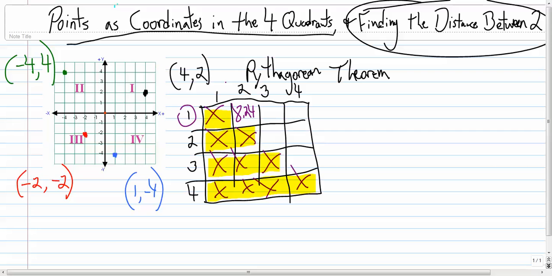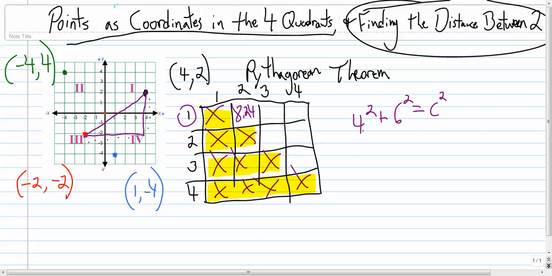Alright, so in order, let's take a look at these. Let's do this one right here first, between the first quadrant number, our point here, and the third, so these two. So we're going to have a triangle that looks like this. The 2 short sides of that triangle, this one is going to be 1, 2, 3, 4. So that's 4 squared plus 1, 2, 3, 4, 5, 6 squared equals the hypotenuse, or the long side.